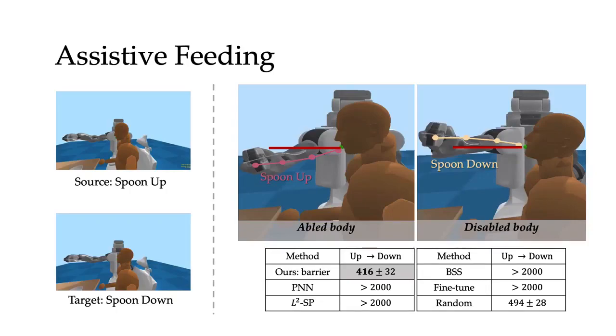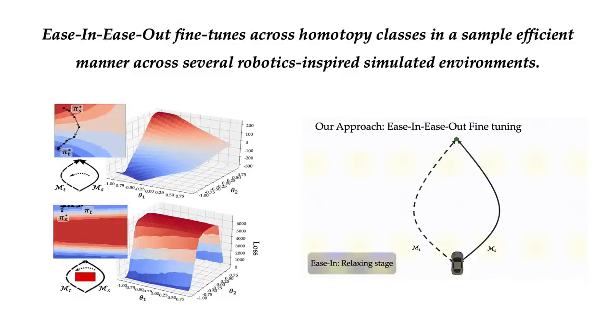One represents a horizontal spoon orientation. This is undesirable because the spoon is most likely to collide with the person's chin or nose. Note again that the barrier is not a physical object, but a set of undesirable spoon orientations. We find that our approach learns the target policy faster than training from scratch, while other methods fail to learn the policy efficiently.